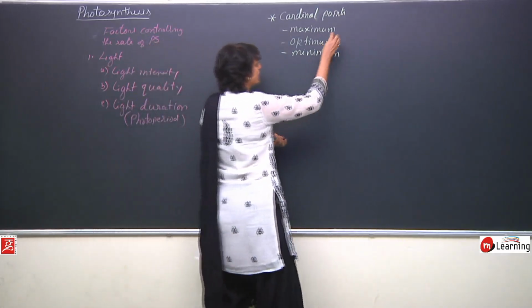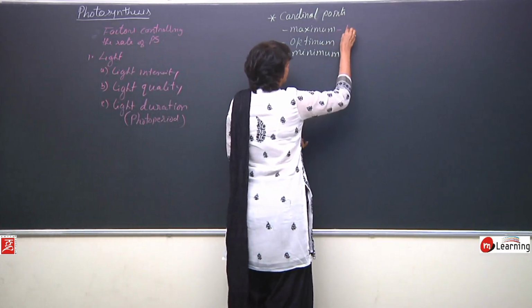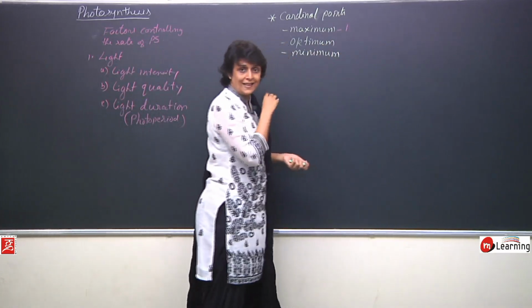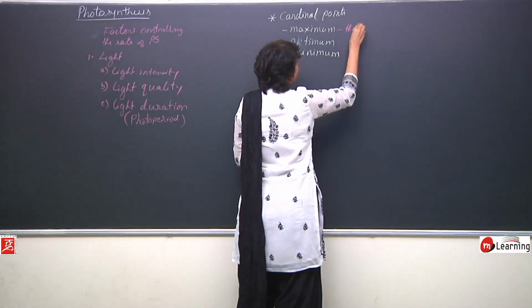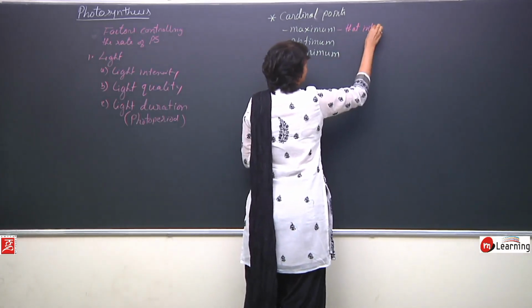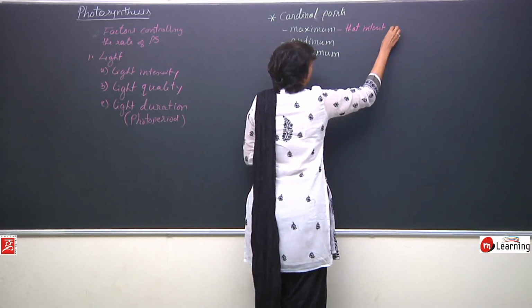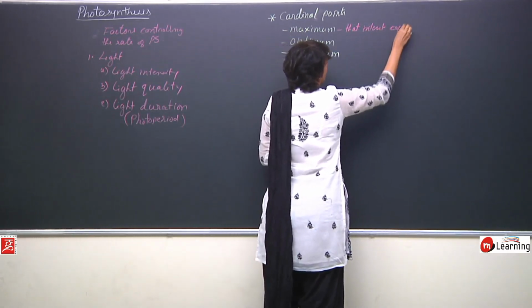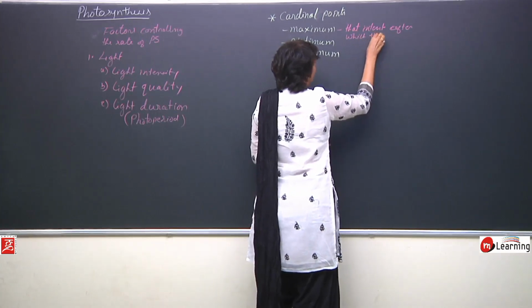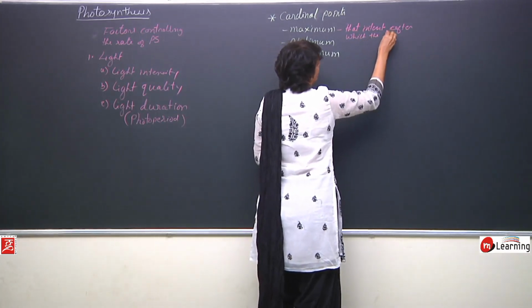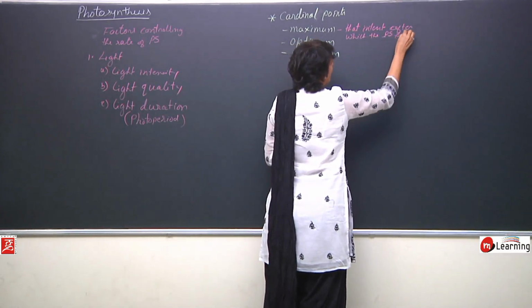So, maximum is, suppose we are talking of the light intensity, that intensity after which or beyond which the photosynthetic process stops.